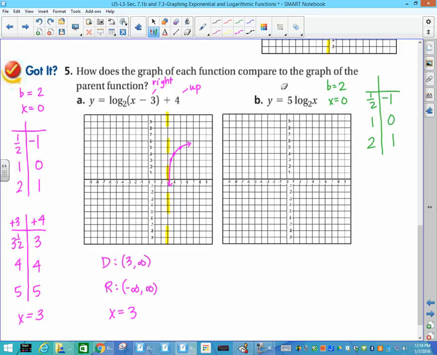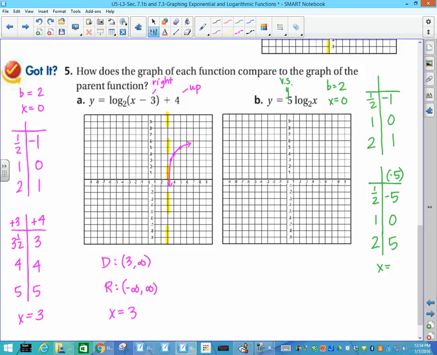And what does that 5 do? It is going to affect the y. It's a vertical stretch. So I'm going to multiply each of my y values times 5. My x's don't change: 1/2, 1, and 2. My y's become -5, 0, and 5.